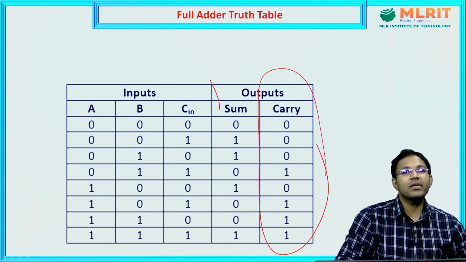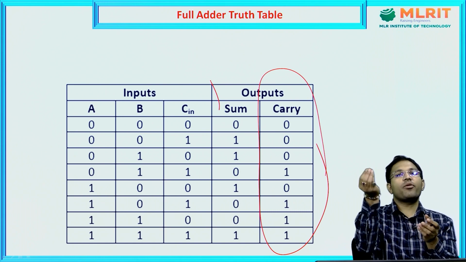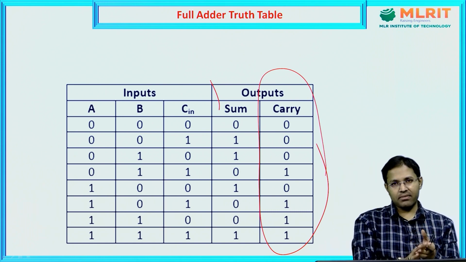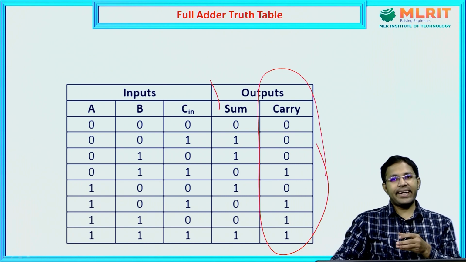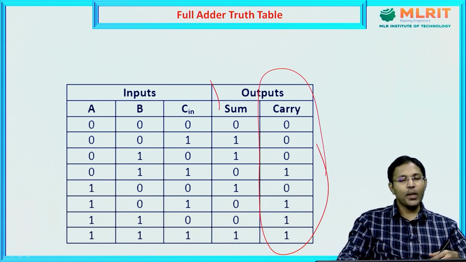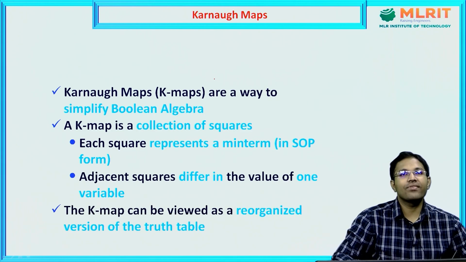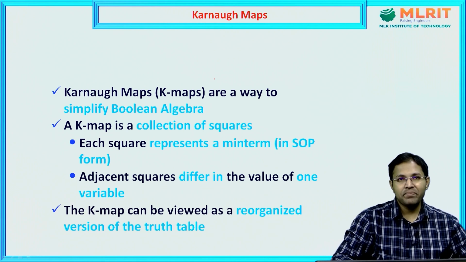We need some simplification, like some school problems: very simple problem, you can see the question and tell the answer. But if the problem is complicated, you need to take pen and paper, analyze, and get the result. Now for such analysis, we will make use of Karnaugh maps or K-maps.